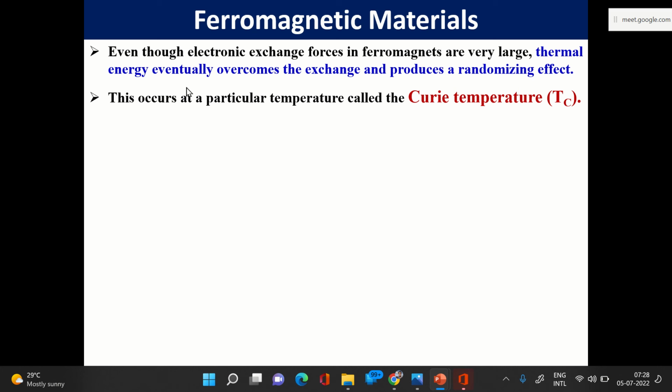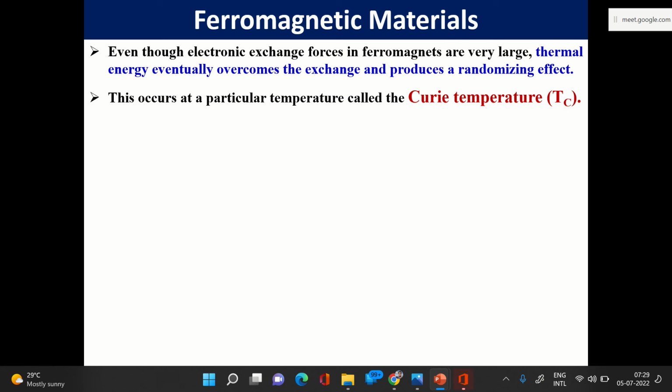Now, thermal energy. Suppose you have a ferromagnet and you start heating that material. You have applied the magnetic field and got some alignment of spins, and now you start heating. They will get energy, and whatever ordering you had achieved will change. They will start becoming random.